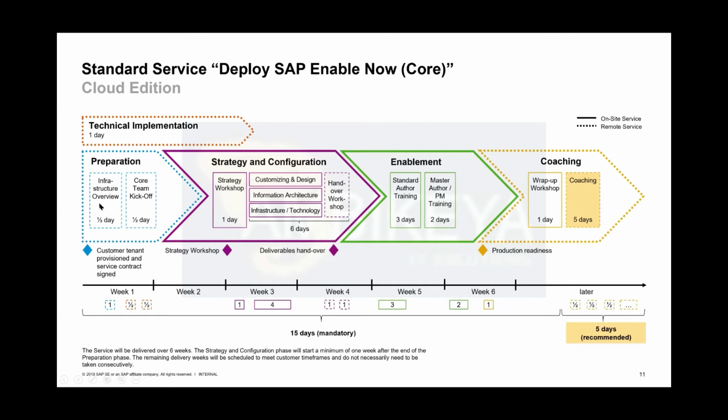So we have the technological preparation and the business-related preparation, and this is how the service descriptions and the SOWs, the statements of work, are tailored. It needs to take place with a minimum of 1 week in between to enable the customer person to trigger the right actions and to get access to the right resources before we start the strategy phase of our service.